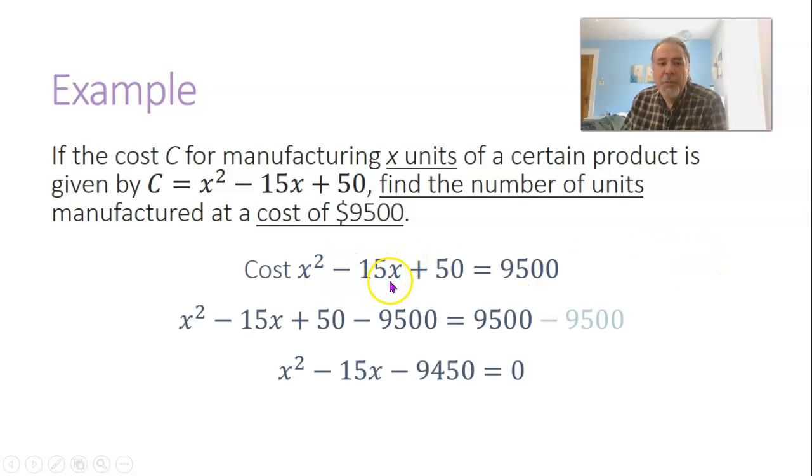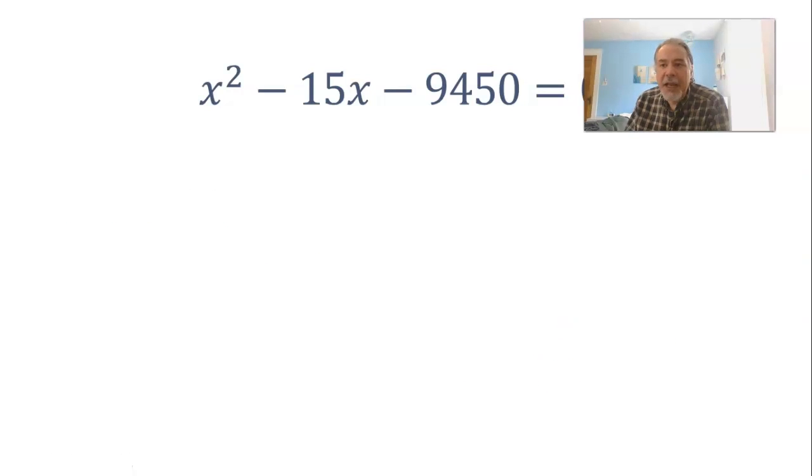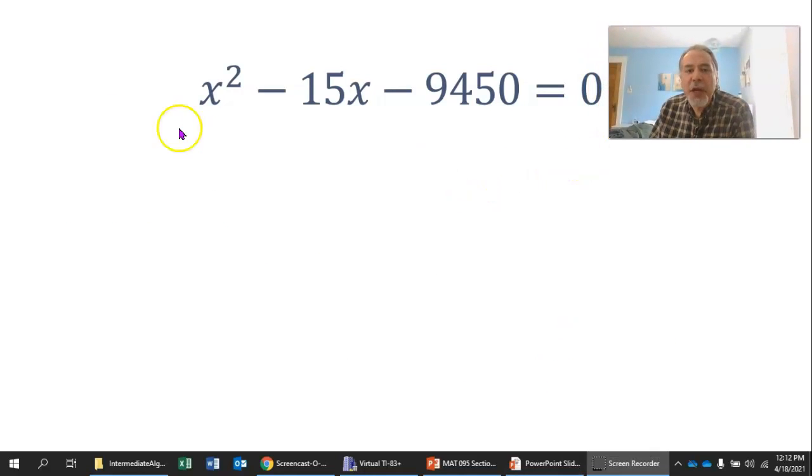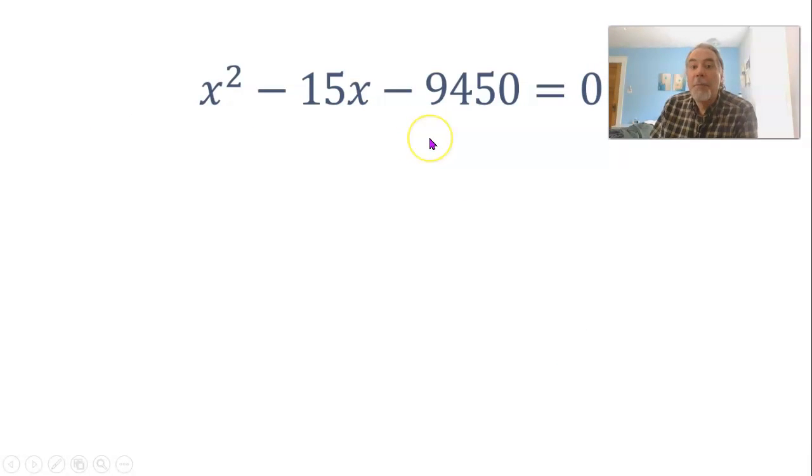So x squared minus 15x plus 50 equals 9,500. And I'm going to subtract 9,500 on both sides, and I get the equation x squared minus 15x minus 9,450 equals 0. So that's the equation we have to solve.